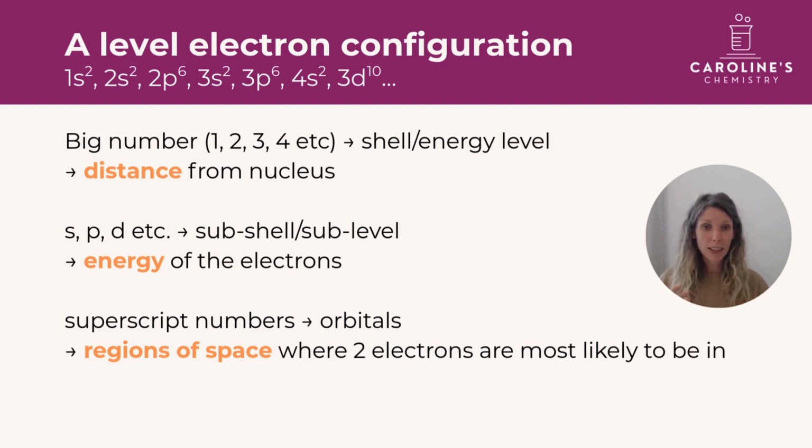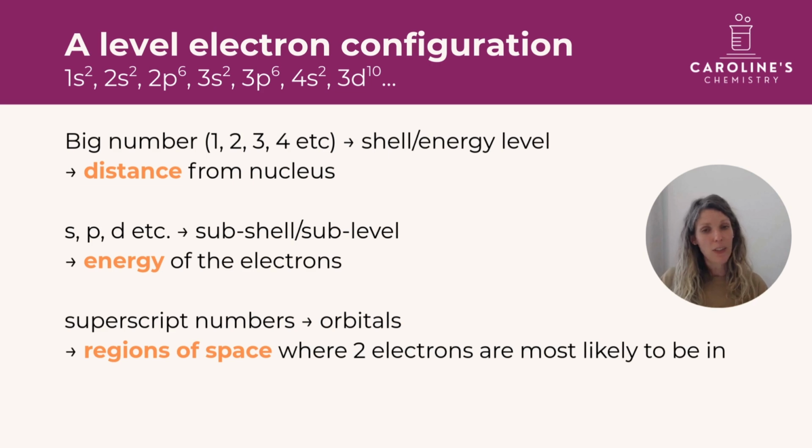Those words are equivalent depending on which syllabus you are studying, so you could use them interchangeably. The shell or energy level that the electrons are in represents the distance from the nucleus. So the first shell is still the closest, followed by the second, third, fourth, and so on. So the big number is distance from the nucleus.